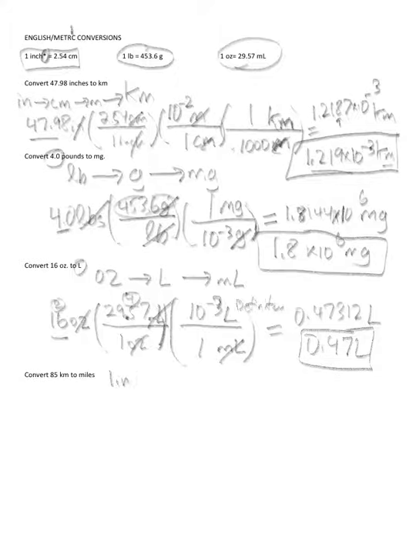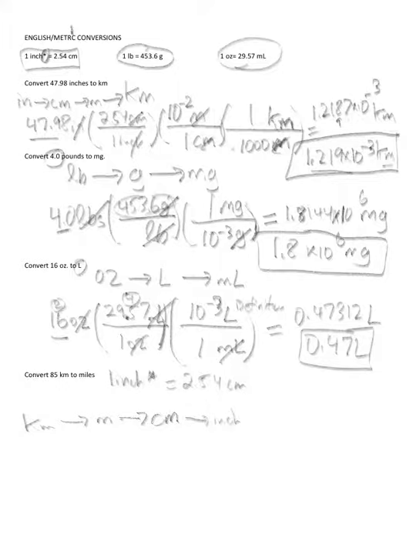My main conversion from English to metric is 1 inch is equal to 2.54 centimeters. So I've got kilometers, and I need to get it to centimeters. I don't know a conversion factor directly between kilometers and centimeters, so I'm going to go to an intermediate unit of meters, then to centimeters, which gives me my bridge over to the English system of inches.